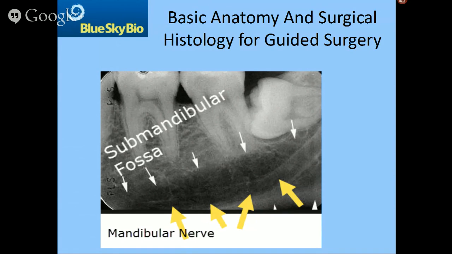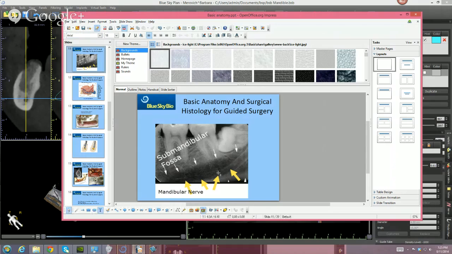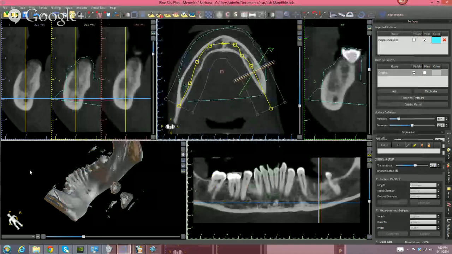And again, we're going to talk about a little too close momentarily. One of the nice things about a cone beam is that sometimes you can't make out the canal on a panorex, but you can make it out on a cone beam image. And again, as I said before, in a cone beam you can see 3D.